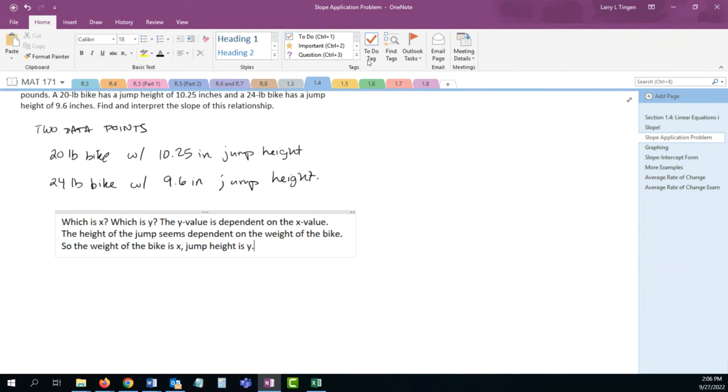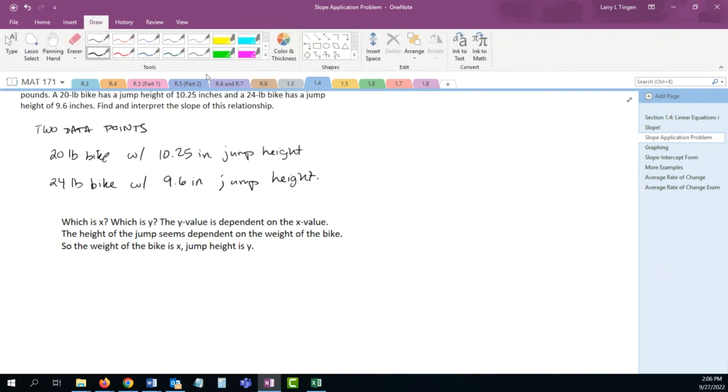So that means these two data points are actually the ordered pairs, what? 20, 10.25, and 24, 9.6. And they've asked me to find and interpret the slope in this relationship.